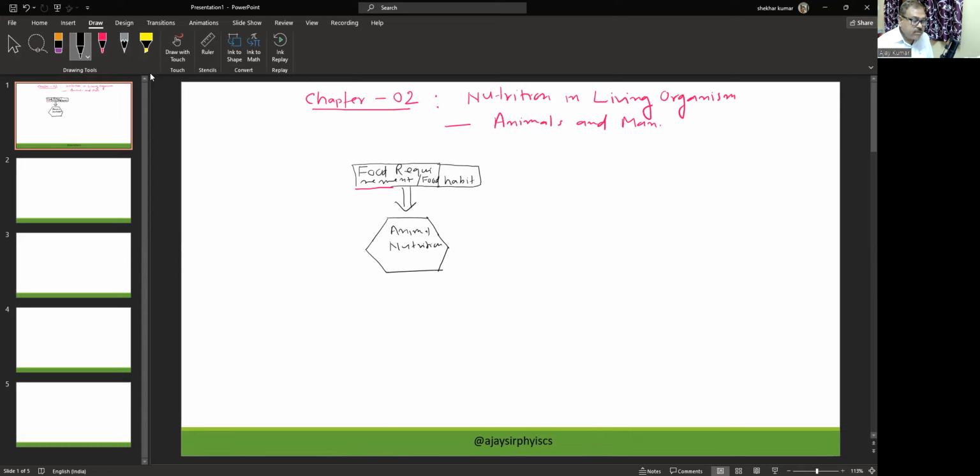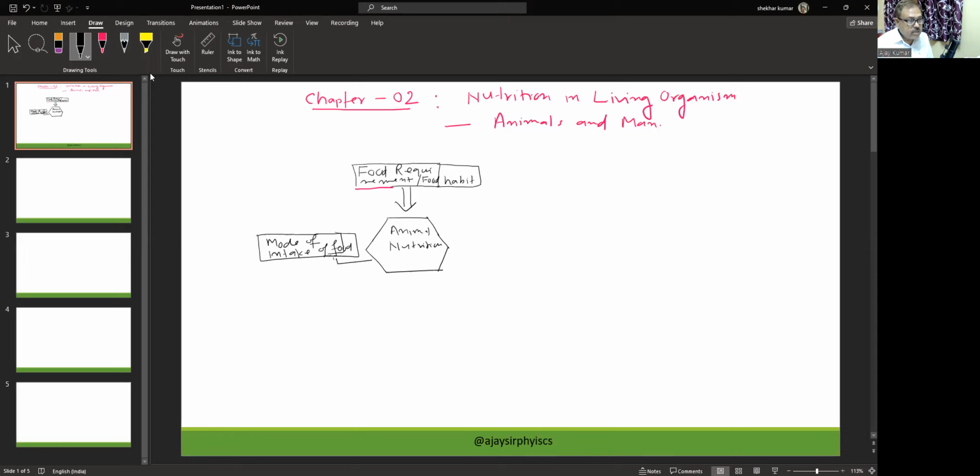Mode of intake of the food is another factor. Mode of intake of food, भोजन लेना, और उसका तरीका.